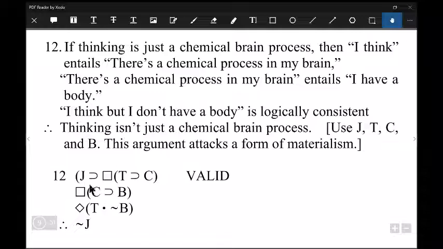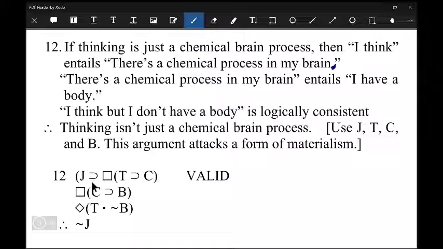So, the first premise says if thinking is just a chemical brain process, then I think entails there's a chemical process in my brain. And that should be a period here.